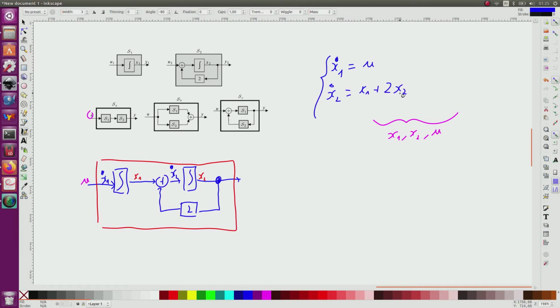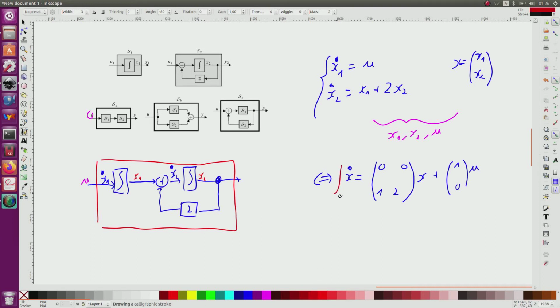As a consequence, in matrix form, this is equivalent to x dot equal [0, 0; 1, 2] x plus [1; 0] u, where x is the state vector x1, x2. And the output y is equal to x2, so I write y equal to [0, 1] times x.